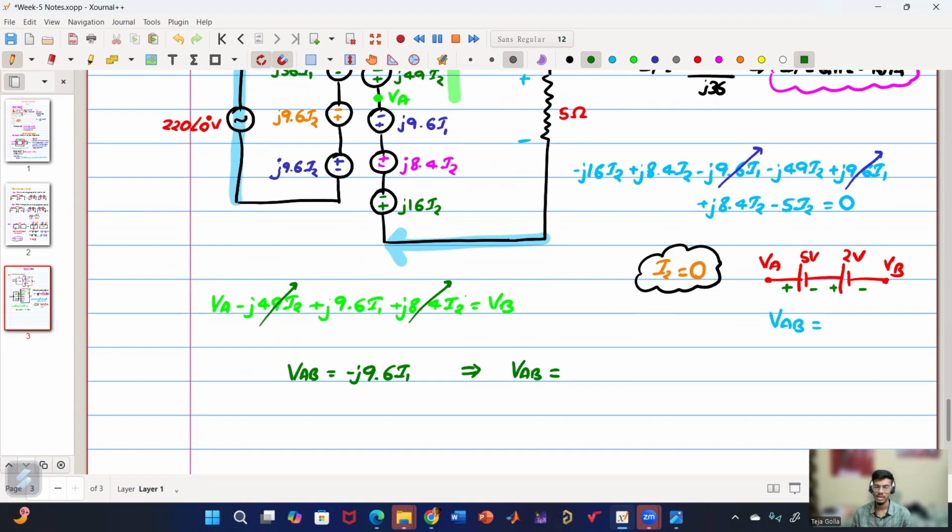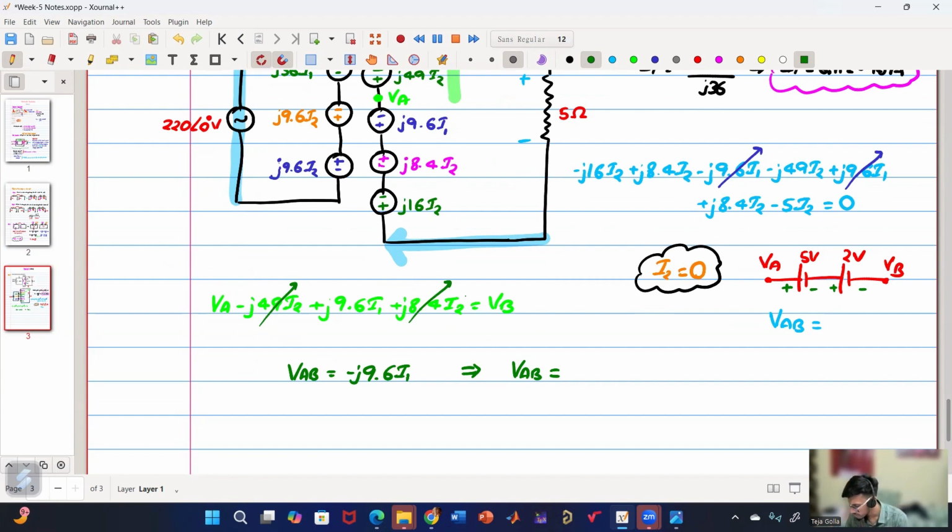So VA is at a higher potential with respect to VB or at a lower potential? Higher potential because plus is connected to VA. Yes. So VA minus VB will be positive or negative? Positive. So then why would it be minus 7? Because it is going from plus to minus. Okay, I got it.